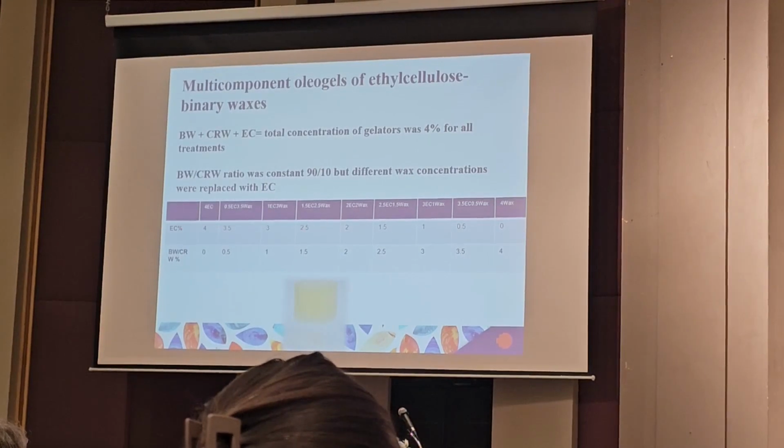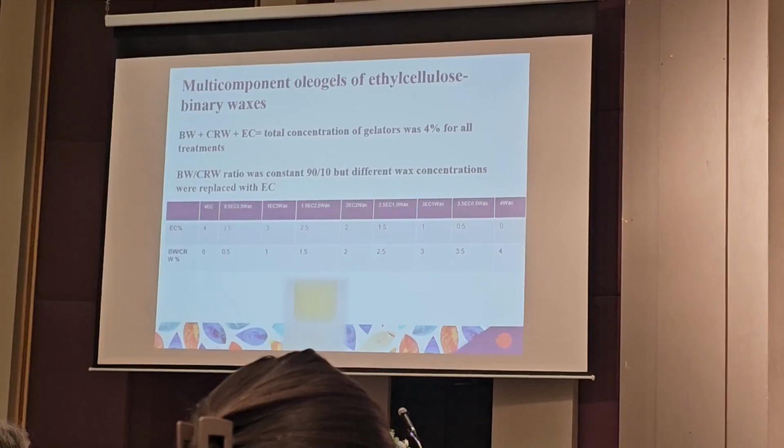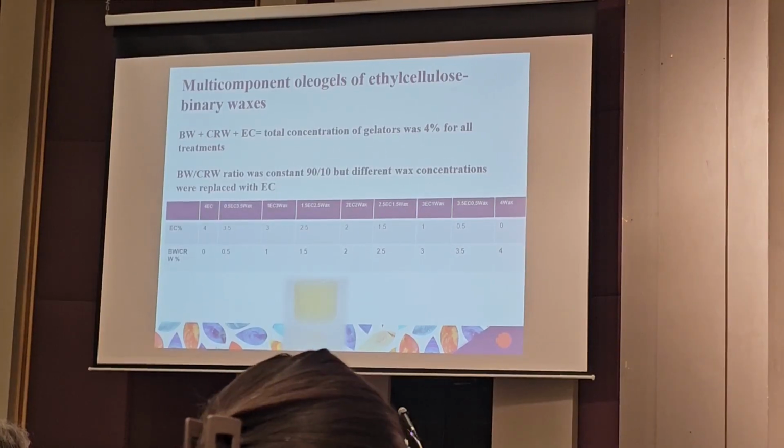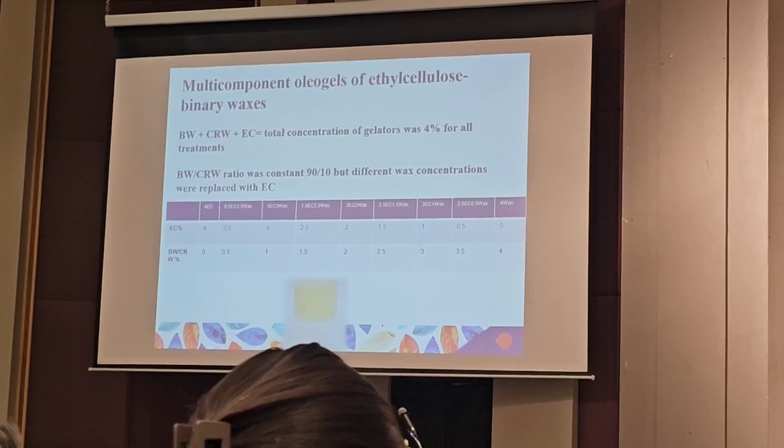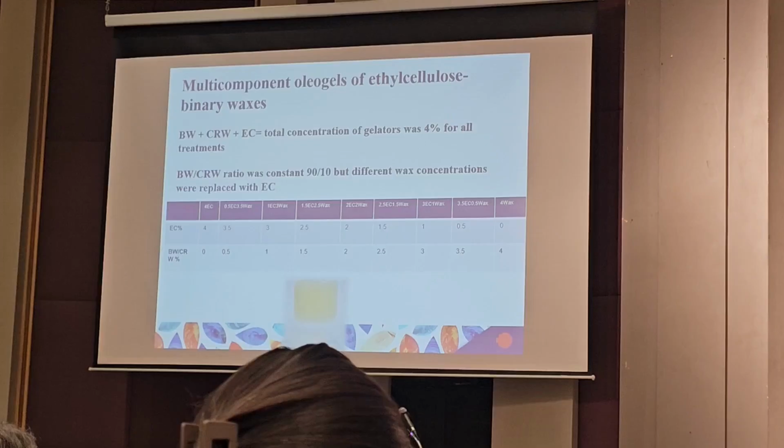And we have a number of oleogels in here, 4% EC, 4% wax mix, and we've actually changed the concentration of each of these, but the total concentration of the oleogel is always 4%. So it's 0, 4, 3.5, 0.5, and we can go to other concentrations. We just wanted to see how this plays out in practice.